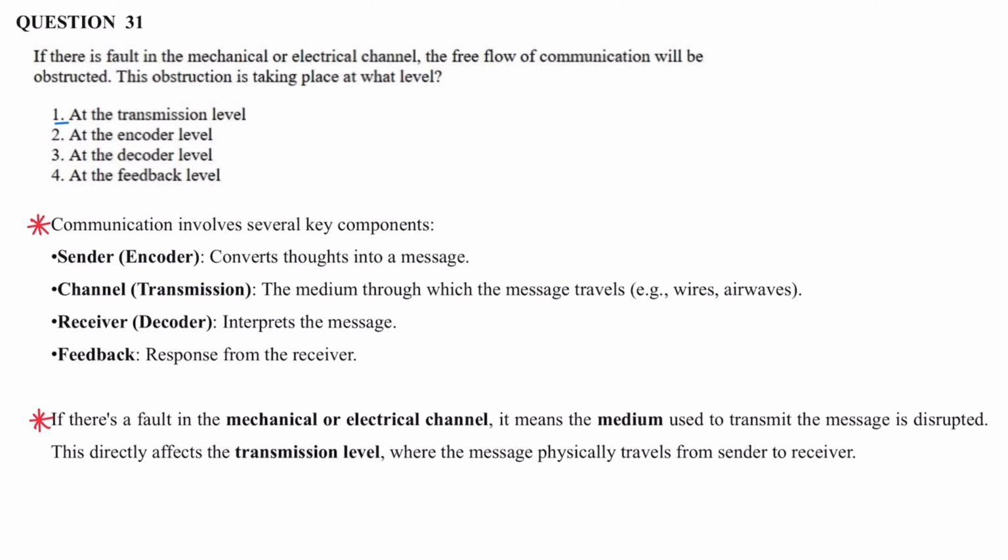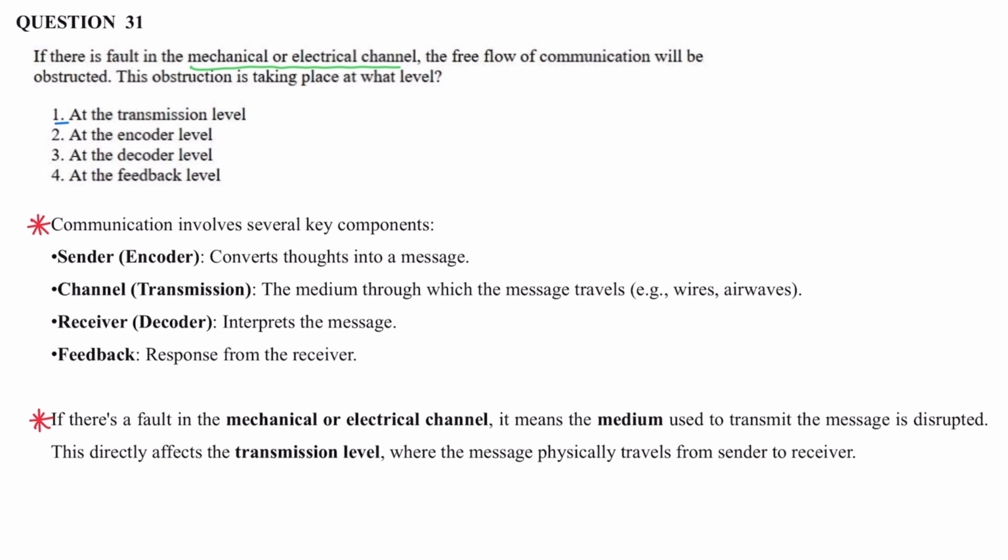Question number 31. If there is a fault in the mechanical or electrical channel, the free flow of communication will be obstructed. This obstruction is taking place at which level? So let us see. Communication involves several key concepts, that is source, encoder, channel or transmission, receiver and feedback.